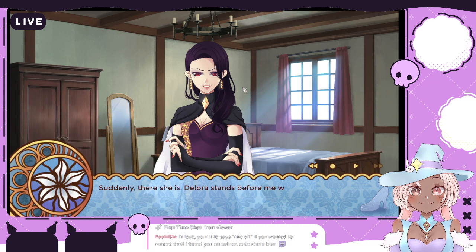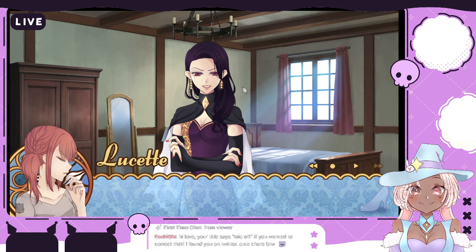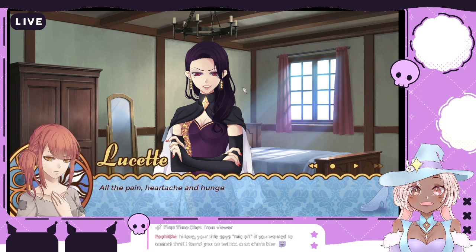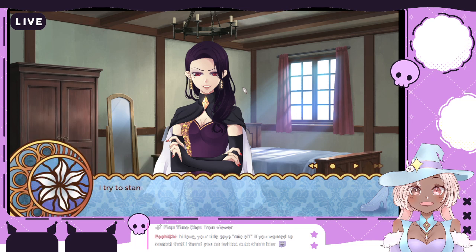You. Suddenly, there she is. Dolores stands before me with a snide smile, looking happy with herself. She's the cause of everything I have been through. All the pain, heartache, and hunger. Although it is all her fault. I try to stand, thinking to give the witch a piece of my mind.